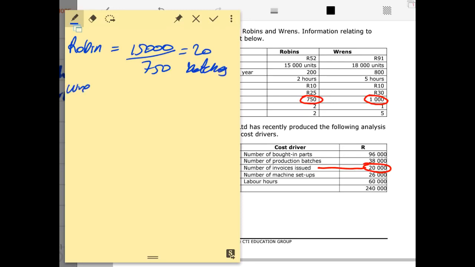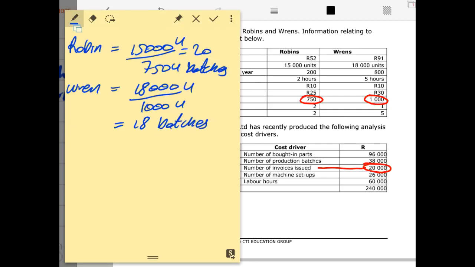And for Ren, we said 18,000 units divided by the units needed per batch, which is 1000, and that will give us 18 batches. So now these are the number of batches that we have.